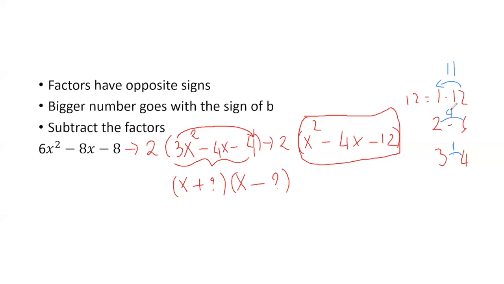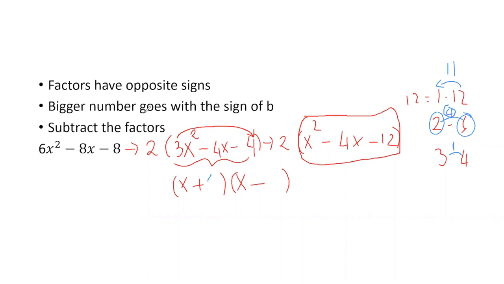So look at these 3 numbers. I see that 4 right here matches the middle number I have. That means I will use 2 and 6 in the parentheses. But I need to know which number goes with the plus sign and which goes with the minus sign.